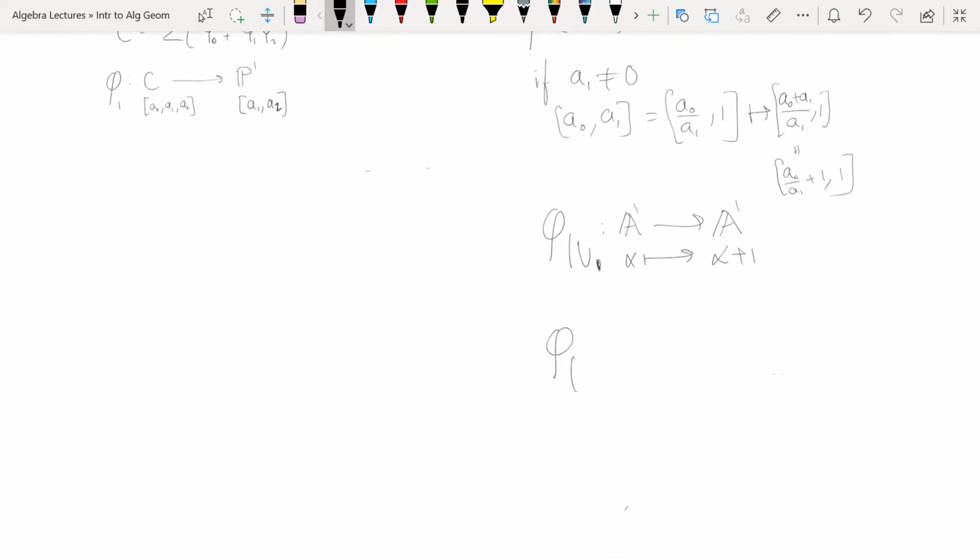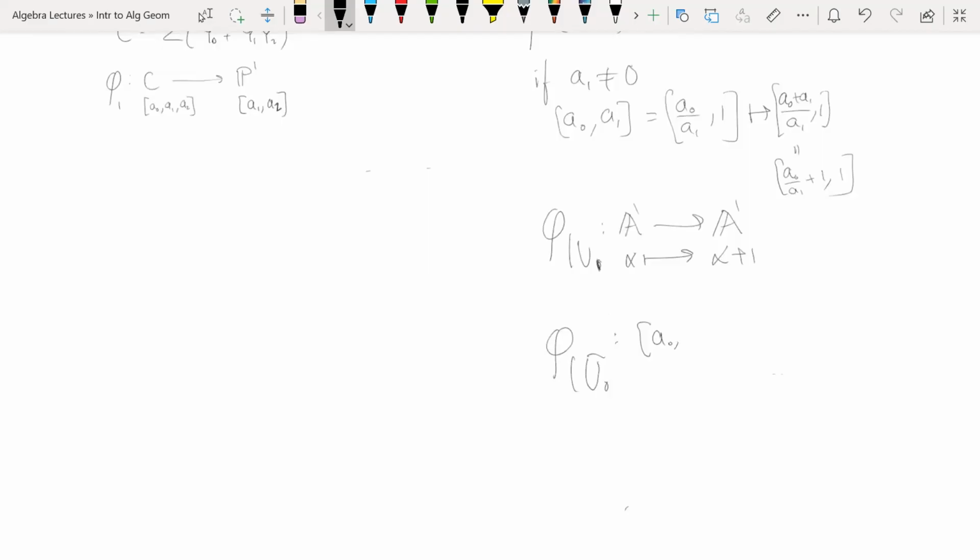So phi restricted to u naught tilde sends A naught, A1 to A naught plus A1, comma A1, and in u naught tilde A naught plus A1 is non-zero.